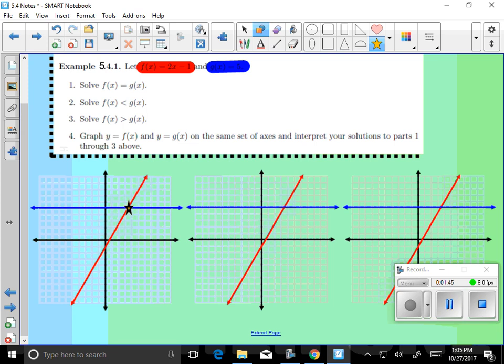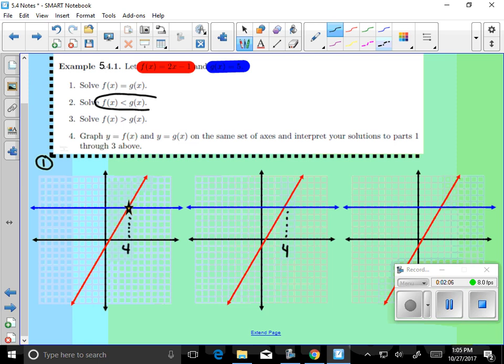And that's where x equals what? Let's just make it a nice even 4, right? Okay, so in number 2, we know that they're equal at 4. So where would f of x be less than or equal to g of x? Well, f of x is the line.